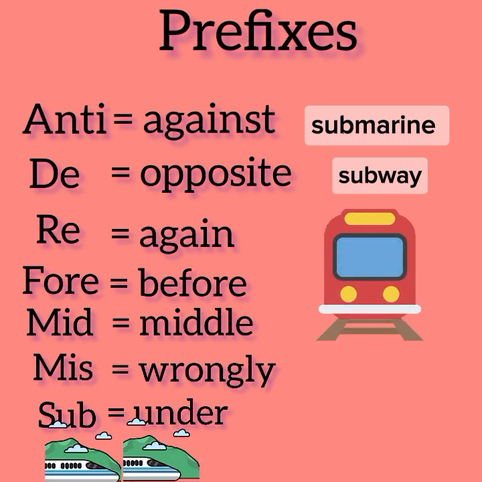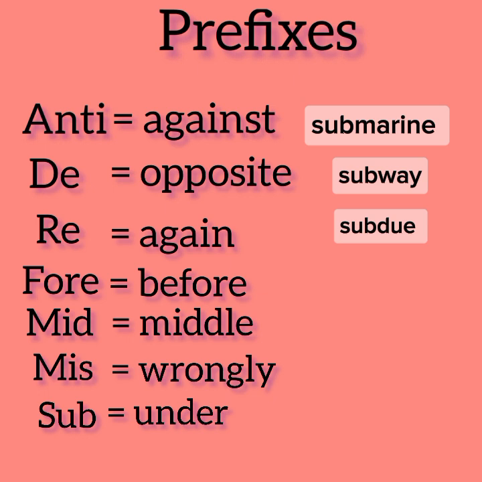Or just think about the word subdue. The word subdue means to overcome or bring under control something, typically through force or effort. So anything with sub is usually talking about something that's lower or beneath something else.